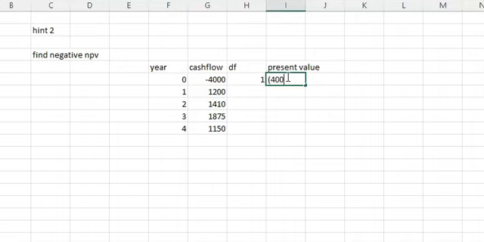Okay, now what will be your discount factor? So for you to be able to find a negative NPV, you need now to get a discount factor that is higher than the one which gave you a positive answer.